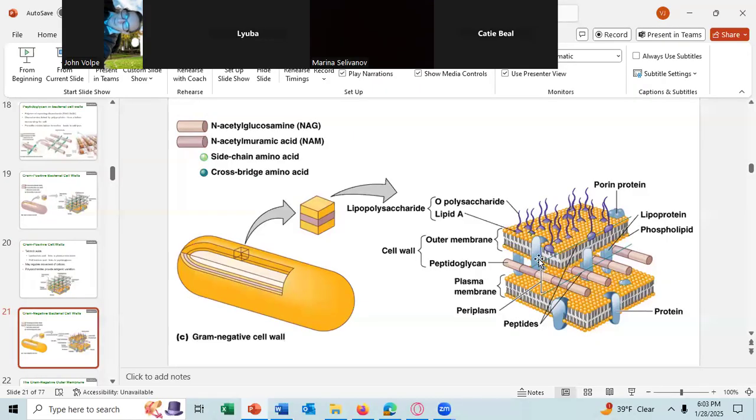That's also seen in the outer membrane, where the majority of the molecules in the outer membrane are phospholipid. Any question about any of that?